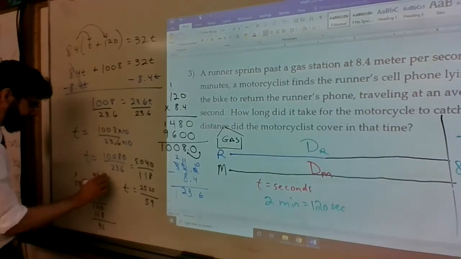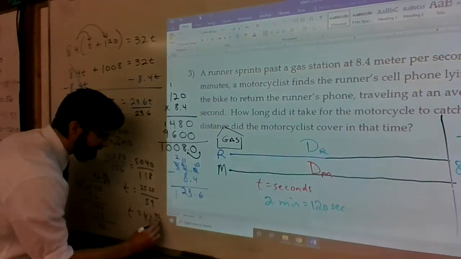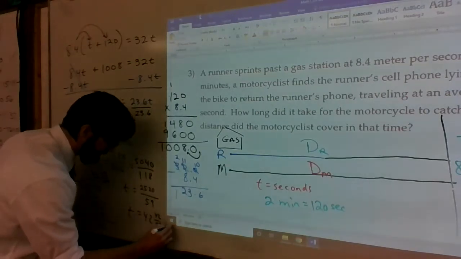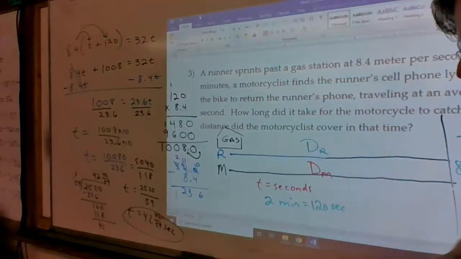And then a lot of leftovers. Looks like 42 over 59. So t equals 42 and 42 over 59 seconds. Wow. So that's how much time it took the motorcyclist to catch up to the runner.